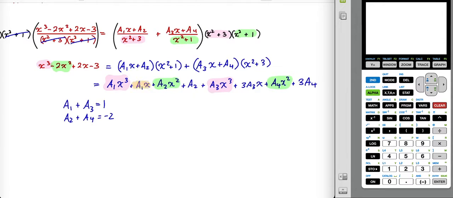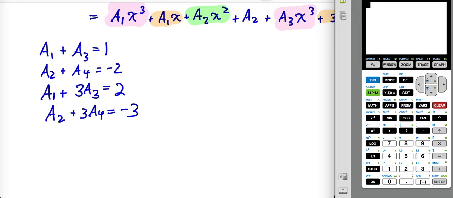Anything with a power of 1 for x, same deal. a1 plus 3a3 is equal to 2, and then everything else, anything that remains, would have to equal -3. All right. So with systems of equations, we can kind of piece all this together.